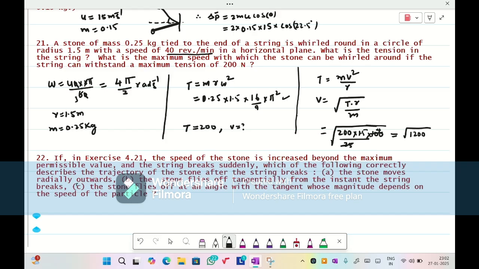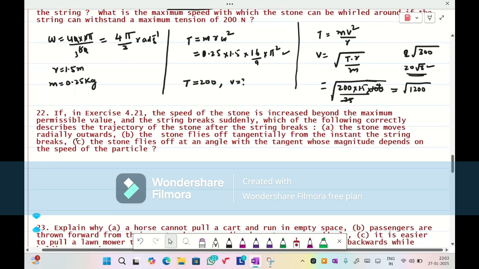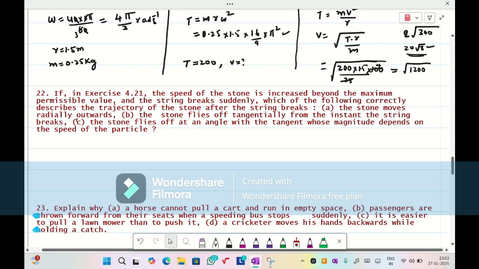In the square root I can write 4 into 300, therefore 2 into root over 300, and root over 300 is 10 root 3, so 20 root 3. Approximately 1.732 into 20, so 35 meters per second will come. That is the answer.